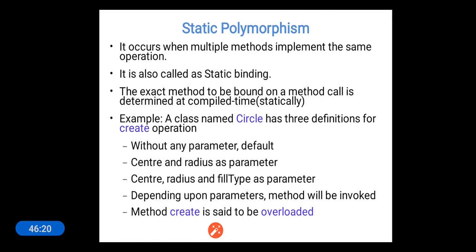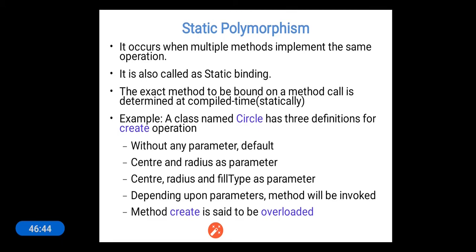One is without a parameter, another is a create operation with center and radius as parameters, and the other is a create operation with center, radius, and fill type as parameters. Depending on the parameters, the method will be invoked, and the method create is said to be overloaded.